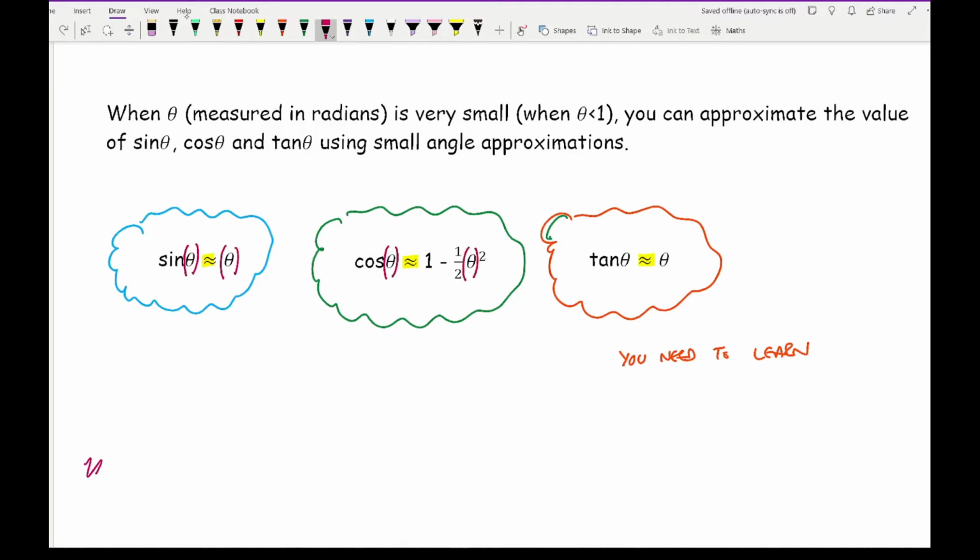All you're doing is replacing the tan theta with where theta is in the approximation formulas. So whatever this is, that's going to go here, whatever is there is going to replace there, and whatever is there replaces there.